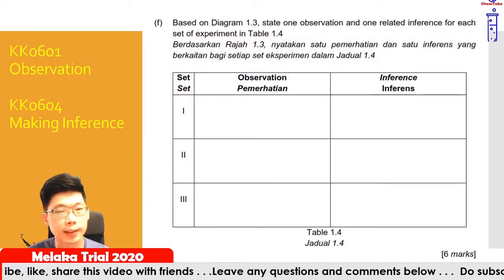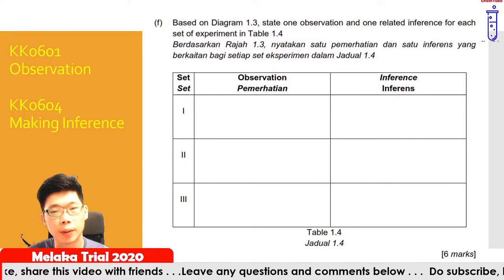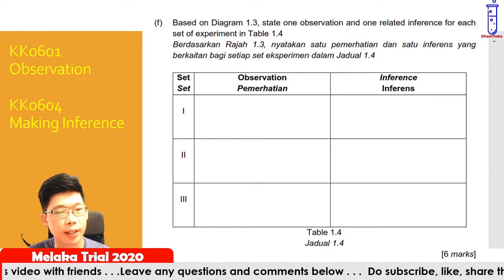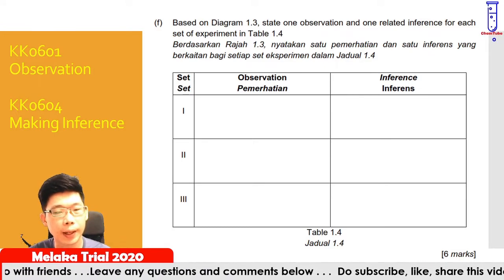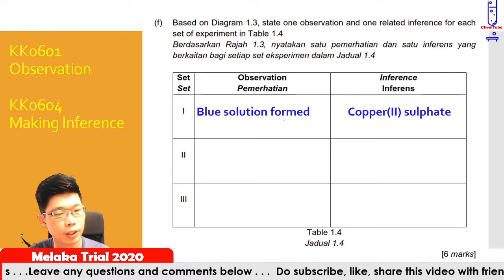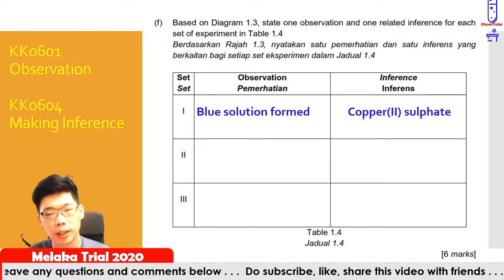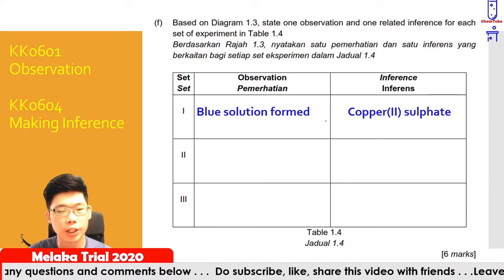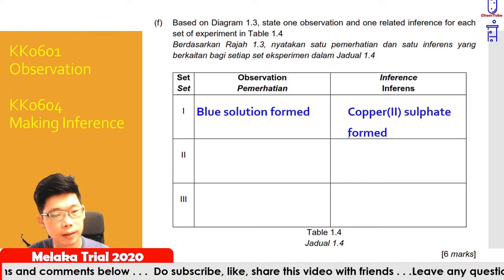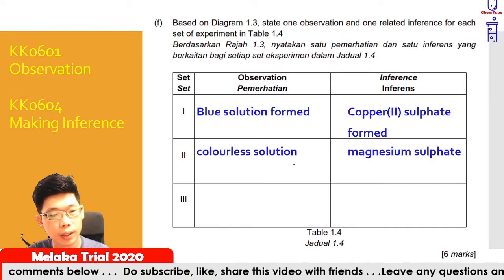Next, state 1 observation and 1 related inference for each set of the experiment. Set number 1 forms a blue solution. Blue solution is formed. So the inference: the blue solution is copper 2 sulfate produced. Next, set number 2, colorless solution.